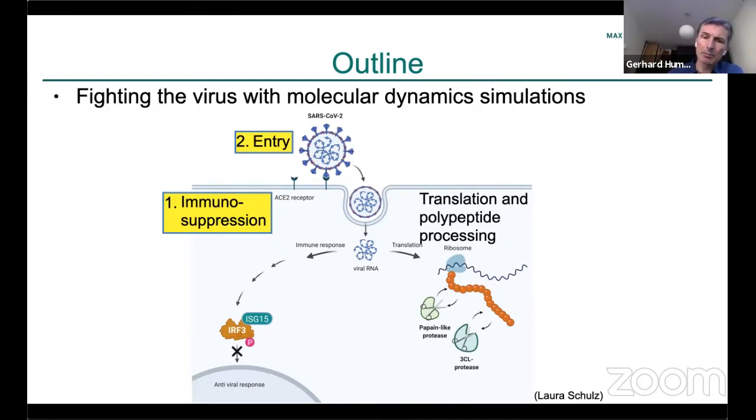And then in the second part of my presentation, I will show you also results associated with the entry of the virus. Specifically, we will be looking at the so-called spike protein or S protein on the viral surface, with which SARS-CoV-2 attaches itself to the host cell receptors.